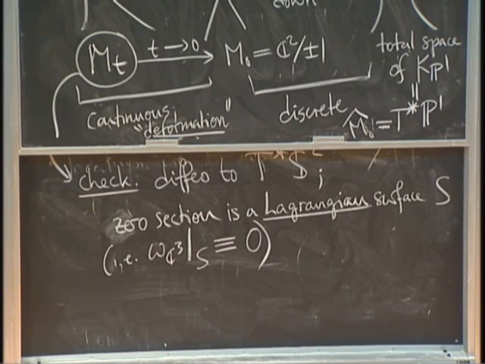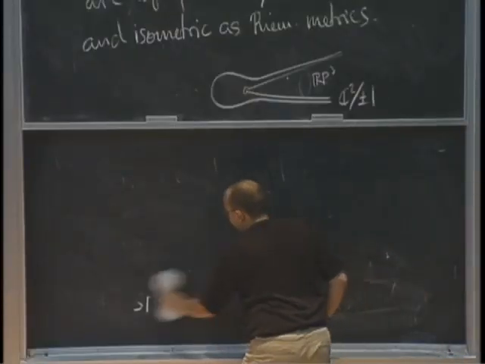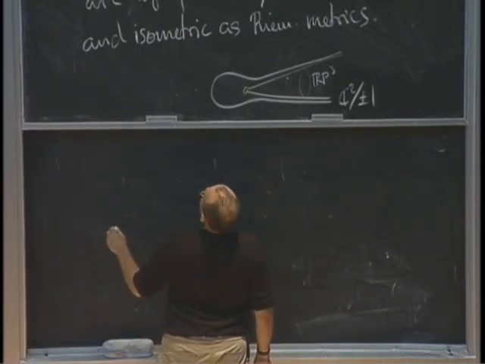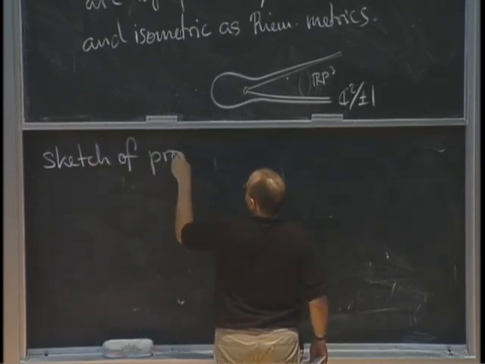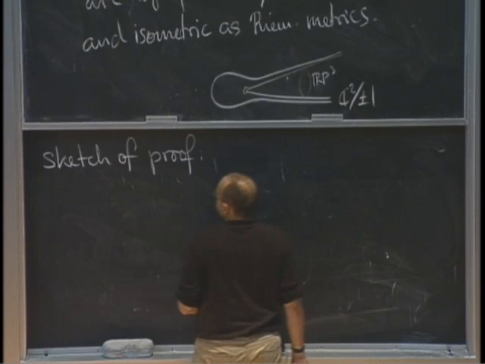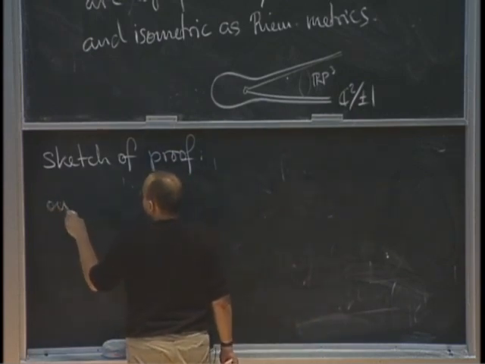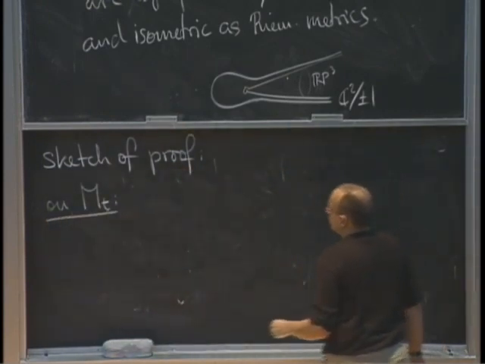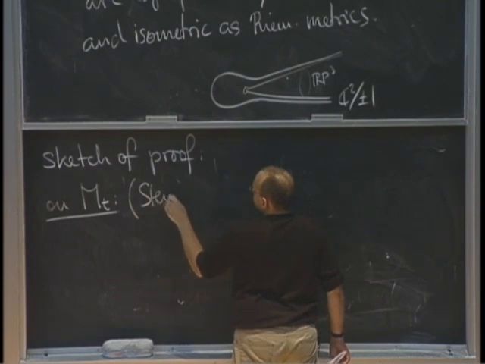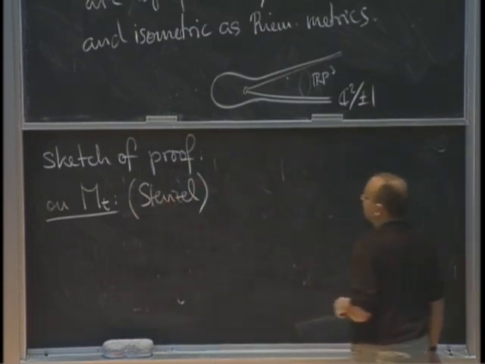So the way that you actually compute formulas for these Ricci-flat metrics on M sub t, well, that's a highly recommended exercise if you have the time. This picture, the metric is called Stenzel's metric.